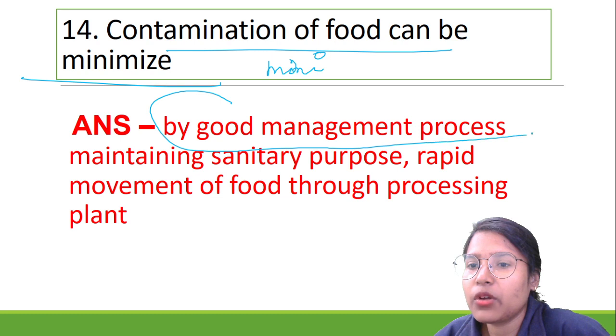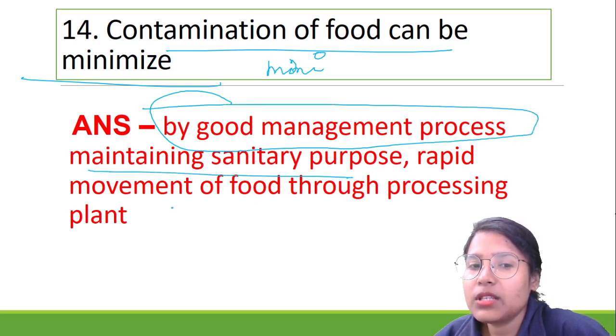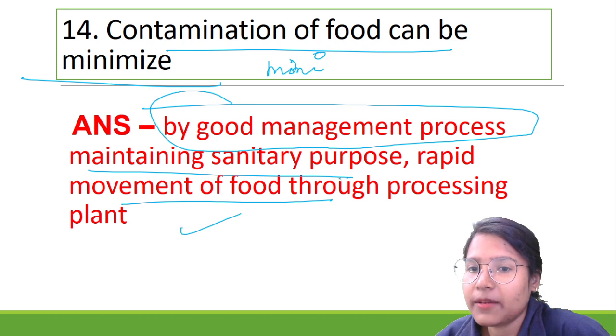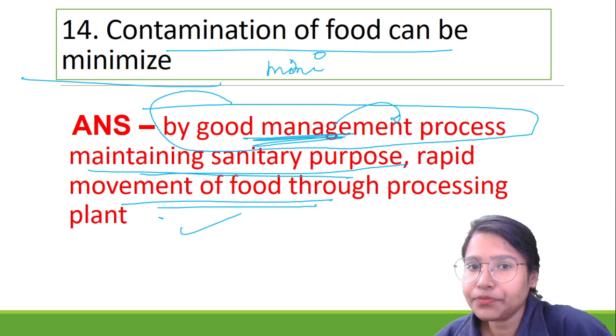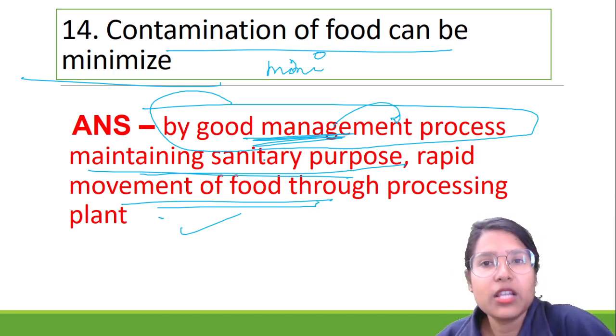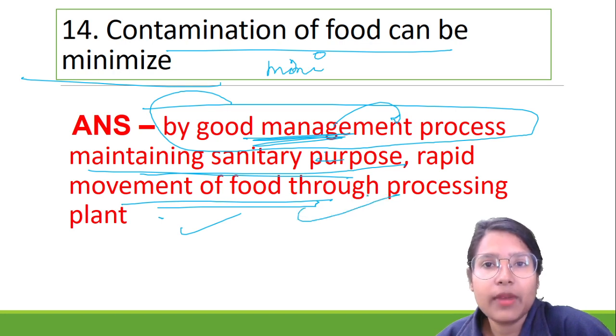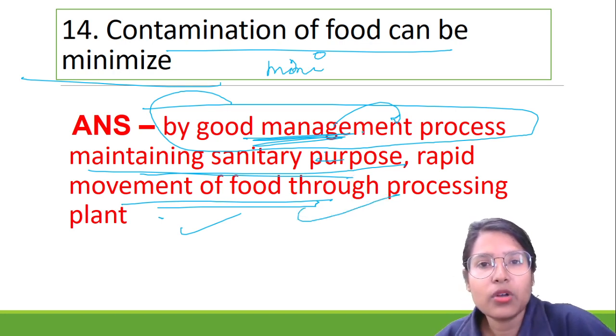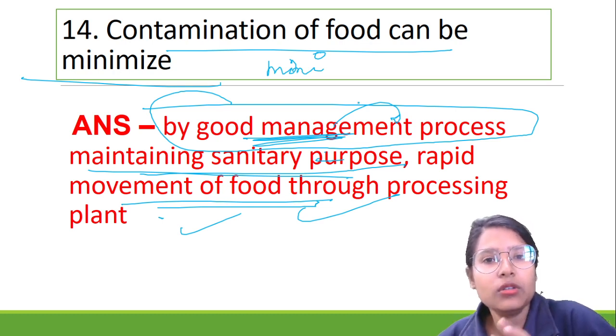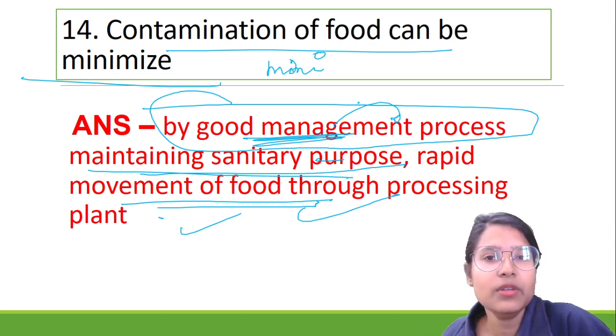By good management processes, maintaining sanitary purposes, and rapid movement of food through the processing plant. If we use a proper management process, follow sanitary practices, and move food rapidly through the processing plant without delay, then contamination should be minimized.